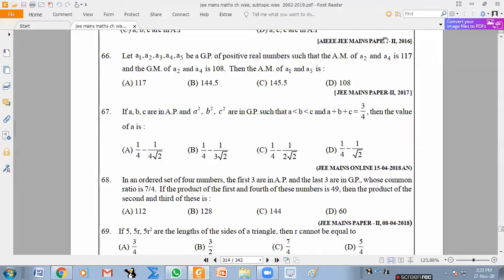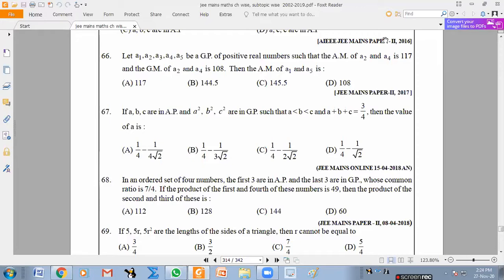A2 into A4 is 108 whole square. And A1 into A5 is same as A2 into A4, and I want to find A1 plus A5 by 2. That is one way.